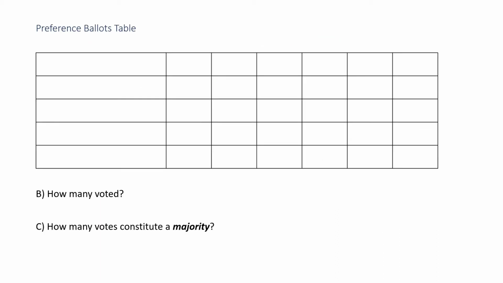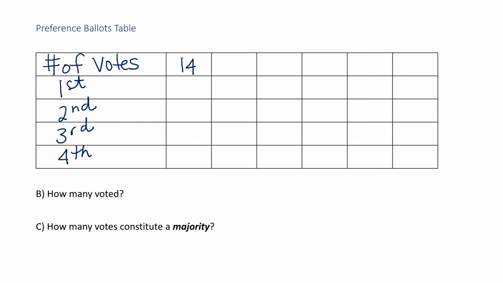Let's put that information on the preference ballots table. To make a preference ballots table, the upper left-hand corner I'll call number of votes. And then we had a first choice, a second choice, a third choice, and a fourth choice. There were 14 ballots that had A as the first choice, B as the second, C as the third, and D as the fourth choice.